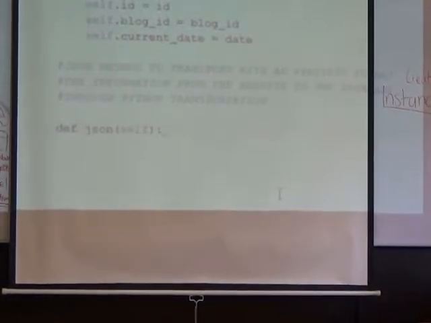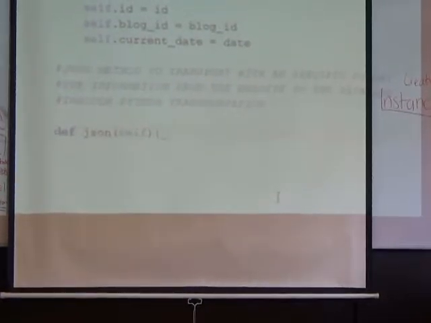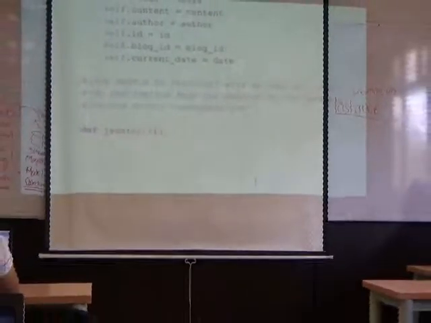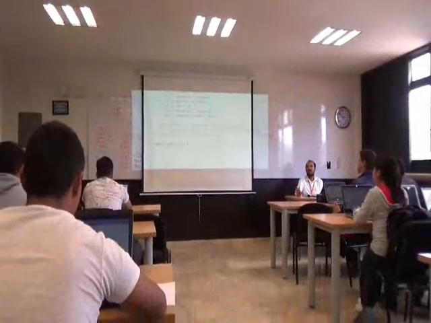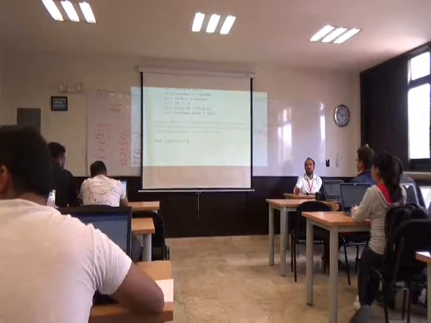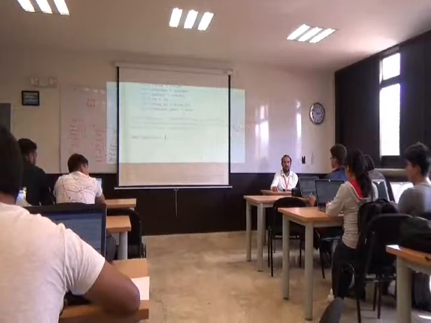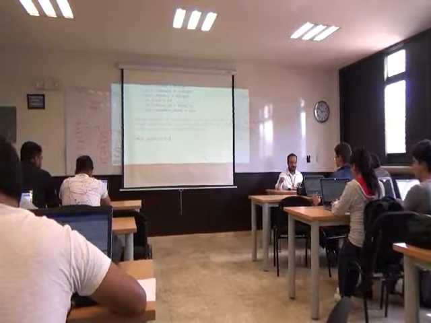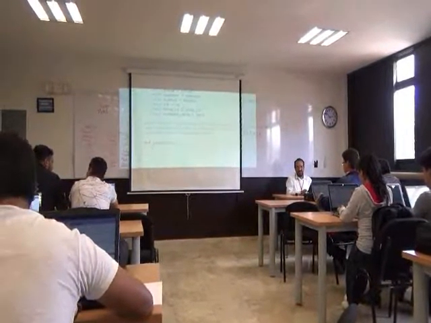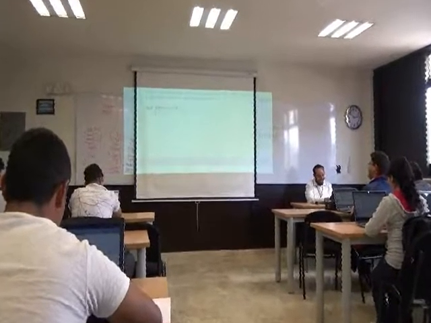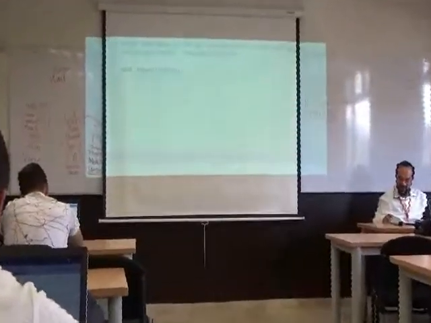In Python it is self, in Java it is this, okay? And this is used for what? To update the information of the object. Very good. Alright? Okay, so I'm gonna put this.